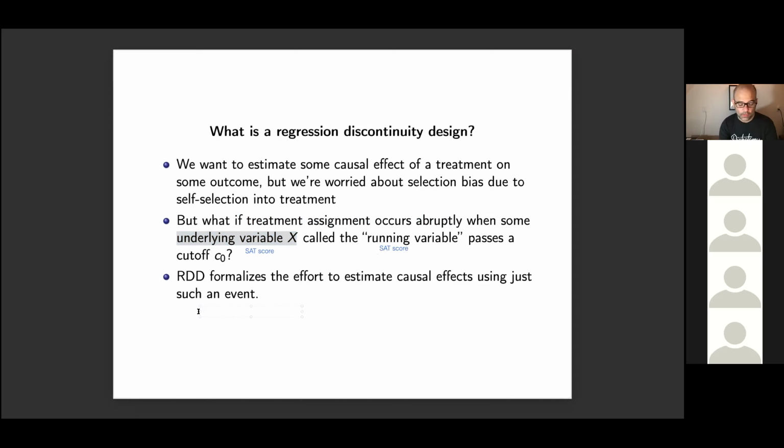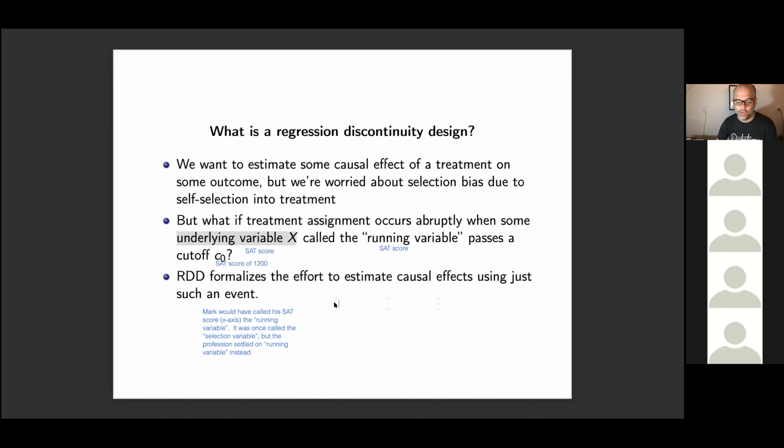Mark would have called his SAT score x-axis the running variable. It was once called the selection variable, but the profession settled on running variable instead, right? So it's called the running variable. And that right there, that C0, that's the SAT score of 1200.